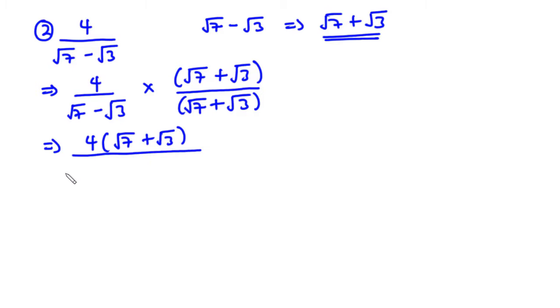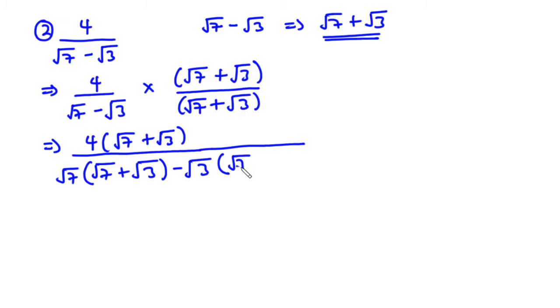So here we also have root 7 multiplying the whole of what's in the bracket, that is root 7 plus root 3. And then we have negative root 3 multiplying root 7 plus root 3.